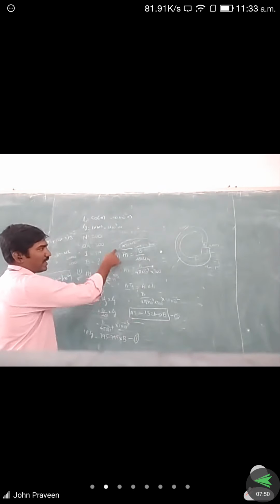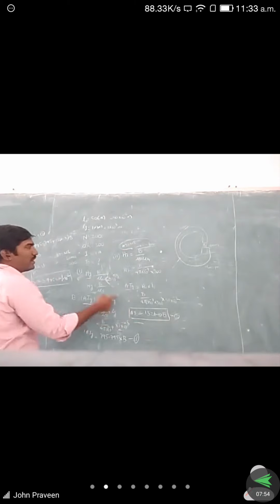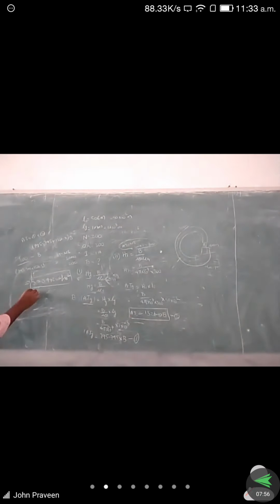Already the ampere turns we have calculated. Ampere turns is equal to N into I, that is 200. So then we write the equation: the total ampere turns is equal to ampere turns of air gap plus ampere turns of iron. So here we write 795.795 B plus 1326.3 B. In both, B is common, so we take B as common.